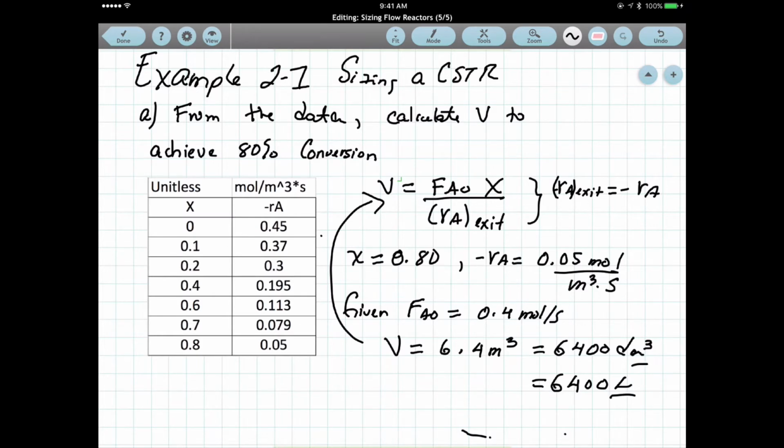So these conversions are very, very important, and they are very common in reactor design classes. Okay, so let's move on with the Levenspiel plots.